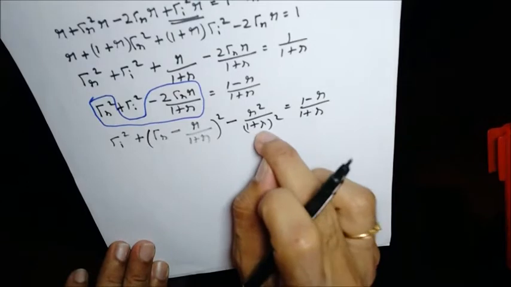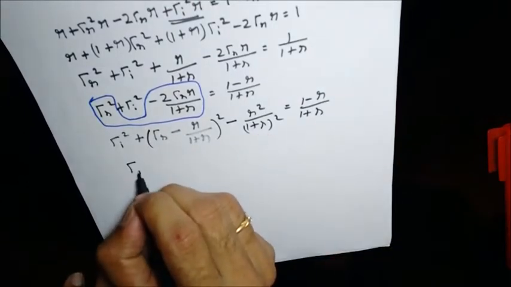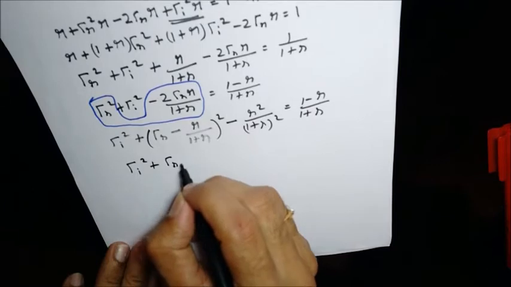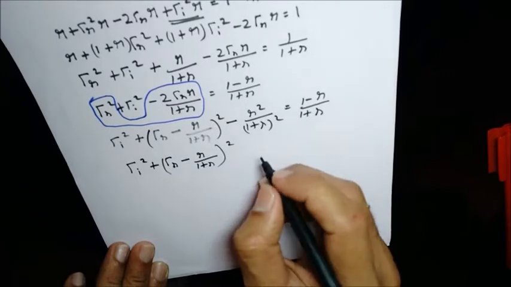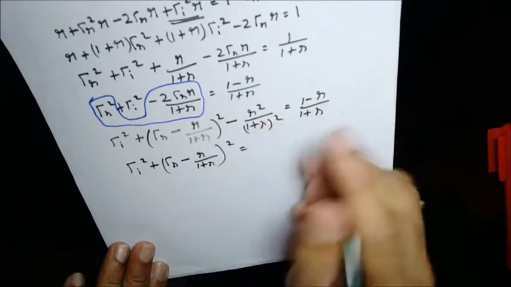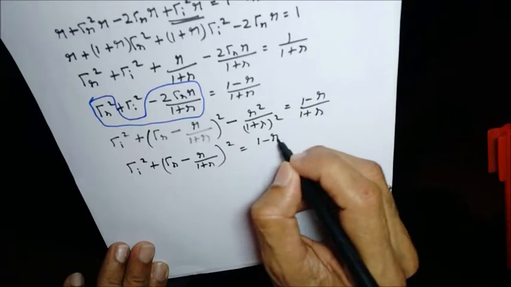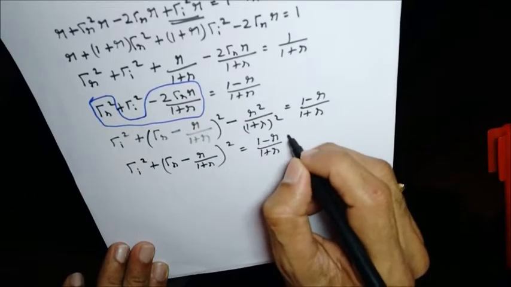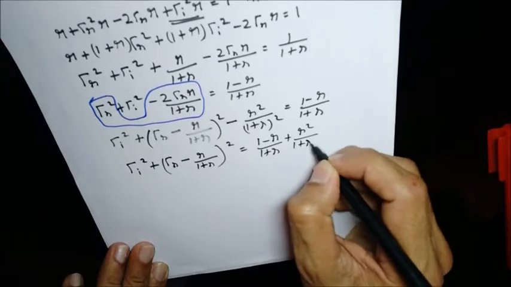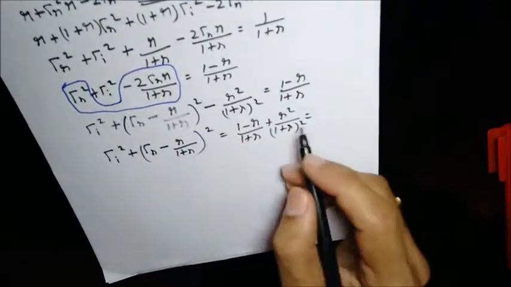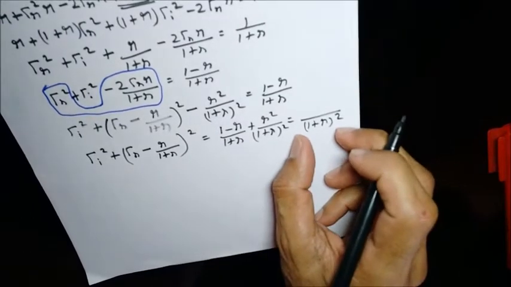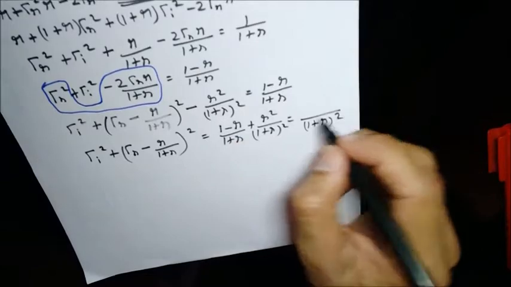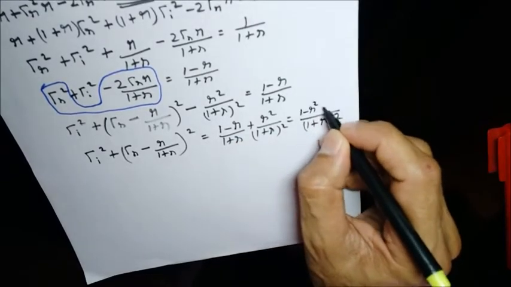Now I can take this over here and I will end up getting gamma I square plus gamma r minus r by 1 plus r whole square equal to, so I take it over here, 1 minus r by 1 plus r plus r square by 1 plus r square, and you can take 1 plus r square as the common denominator, and you will end up getting 1 minus r square plus r square, which is a simple calculation.